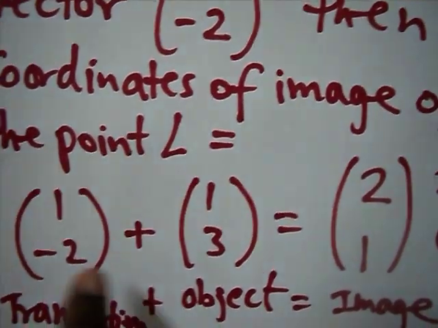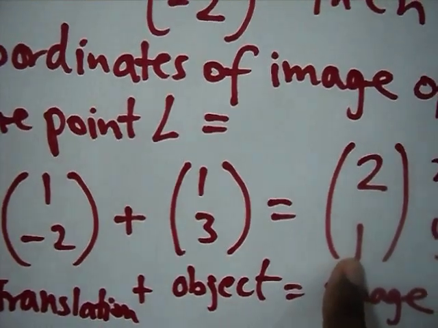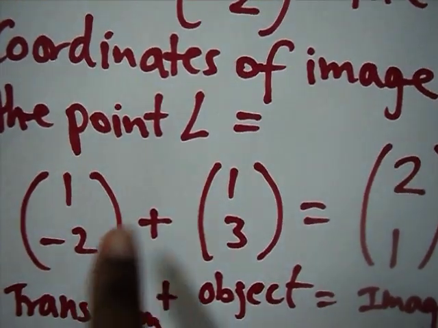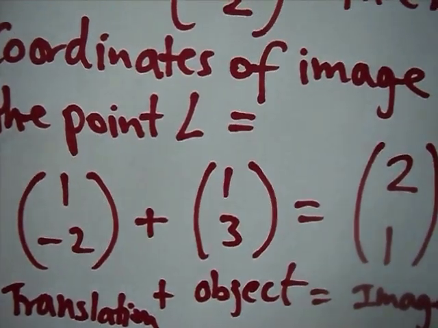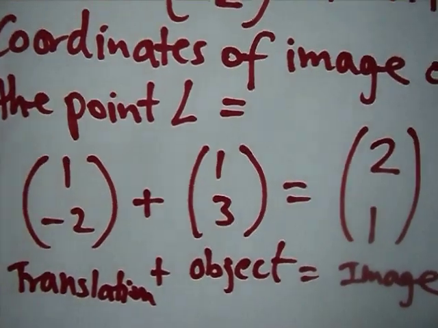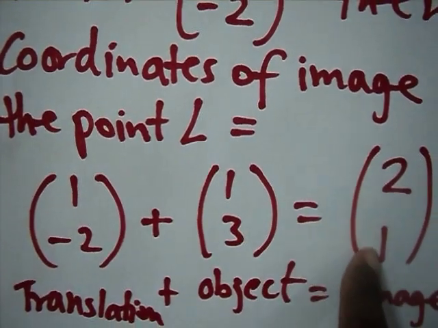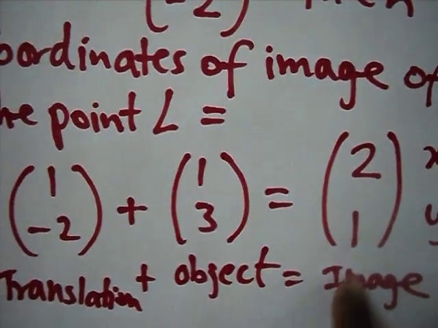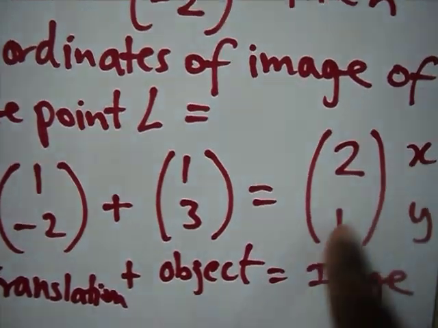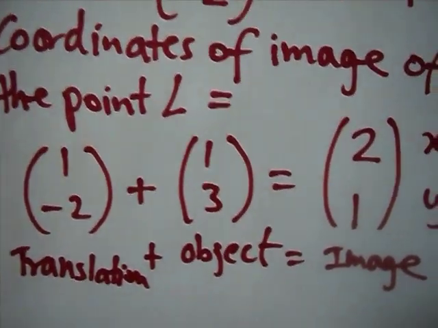That's X. And negative 2 plus 3 is equal to 1. Remember, you owe 2 marbles and you get 3, so you actually have 1 left. So you have your image. The coordinates are 2, 1. X is 2, Y is 1. That is your answer for the coordinates of L.